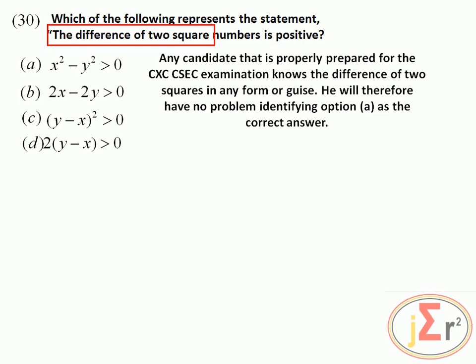He will therefore have no problem identifying option A as the correct answer, seeing that we have a difference of two squares. And as a matter of fact, it is the only case in which we have a difference of two squares. Option A is correct.